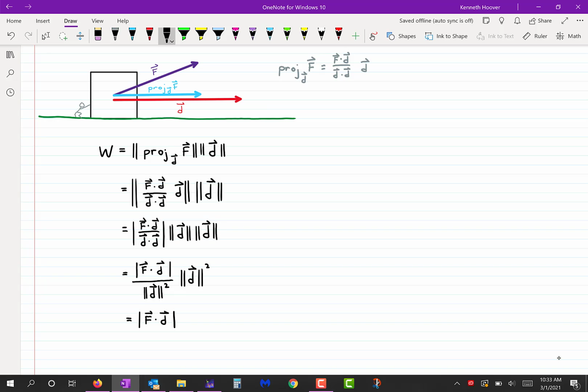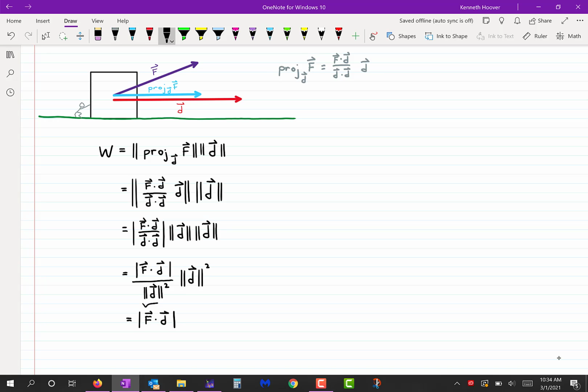Okay? If you apply a force to something and it causes that object to move in a direction opposite of the force, then we say that that force is doing negative work. It's a little bit hard to think of an example in real life where that would happen, but nonetheless, it is possible, and in that case, you would say it's doing negative work.